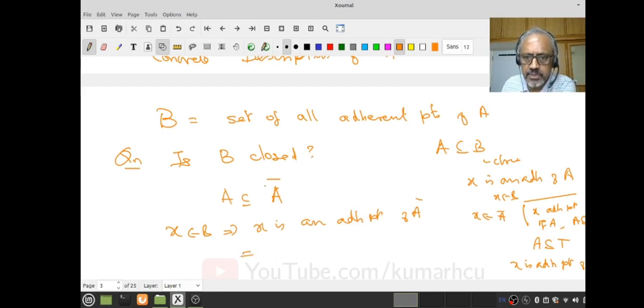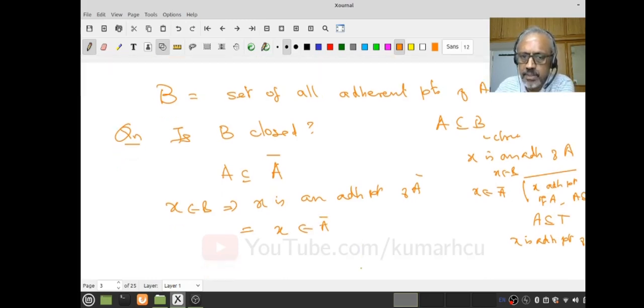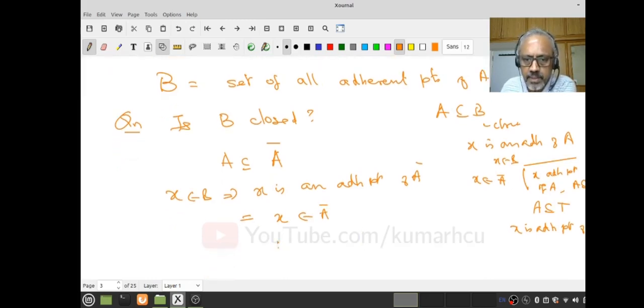Since the closure of A is a closed set, x must be in the closure of A. So what have we concluded? B must be a subset of the closure of A.